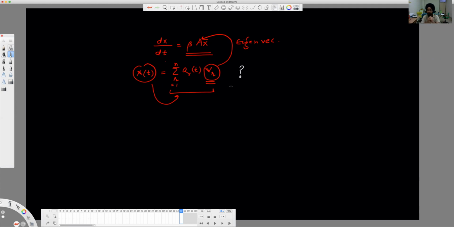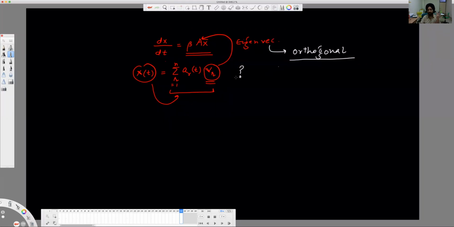Let's say two of the eigenvectors, eigenvector 1 and eigenvector 2. What is the relationship between the two? It should be clear to you that these are orthogonal, right? I have answered the first part of the question. This is true because these vectors are orthogonal.